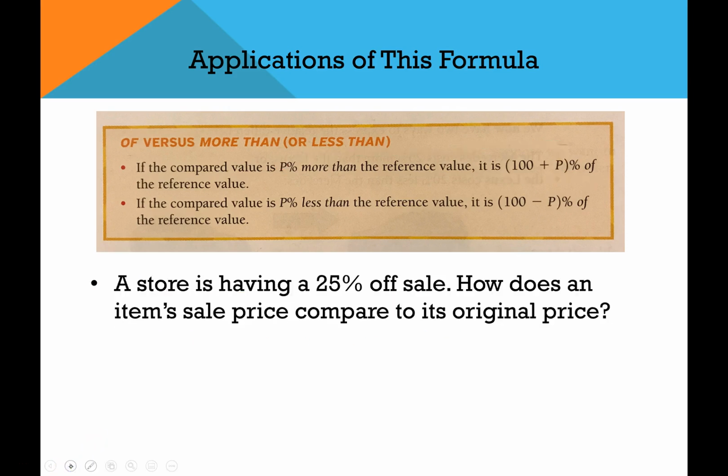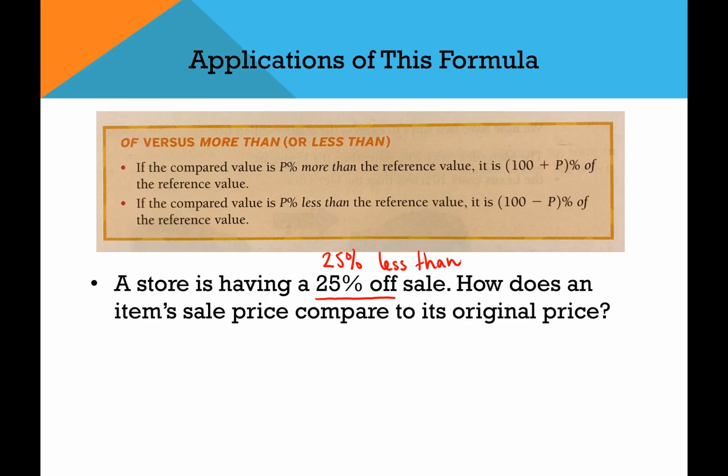All right, now this is the opposite direction. A store is having a 25% off sale. How does an item's sale price compare to its original price? So this is giving you 25% off. I would actually say that's 25% less than. So I guess this isn't going the opposite direction.